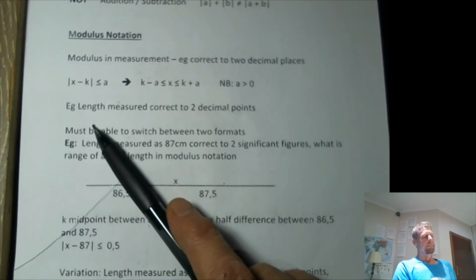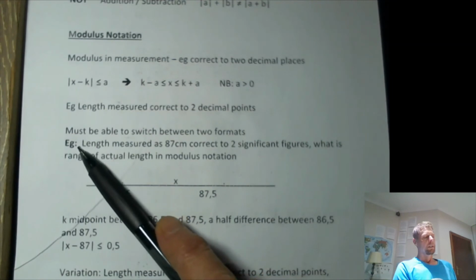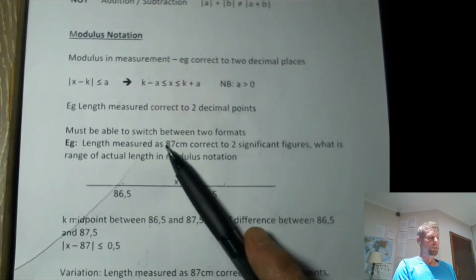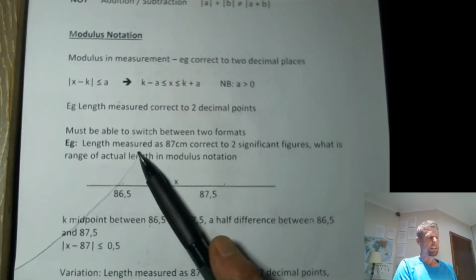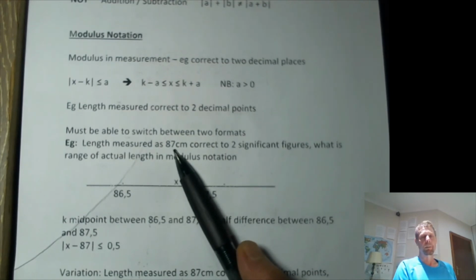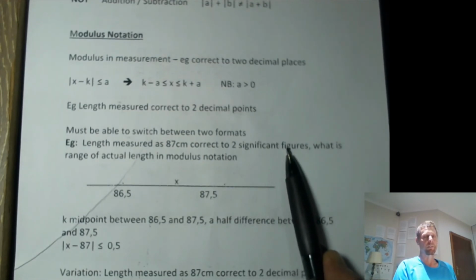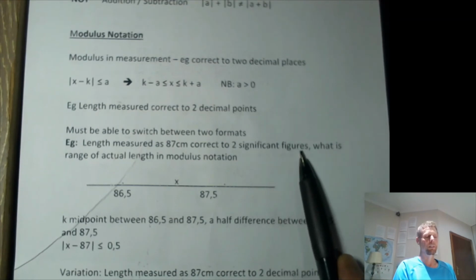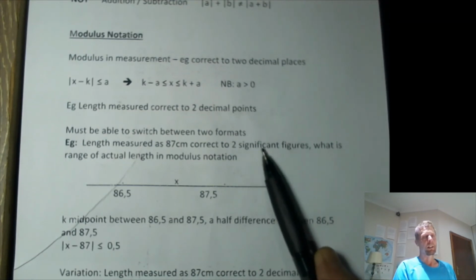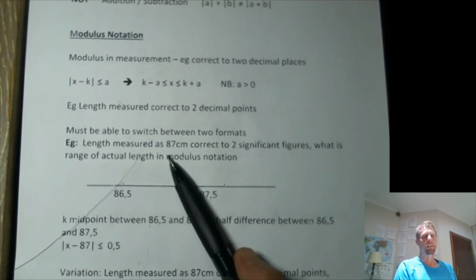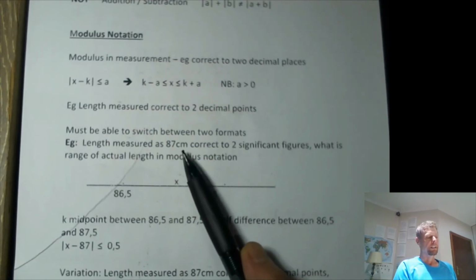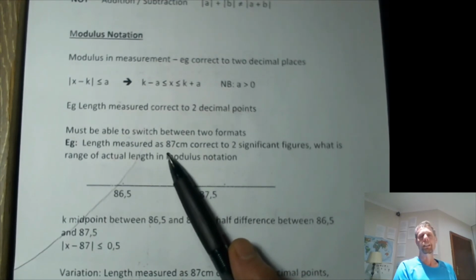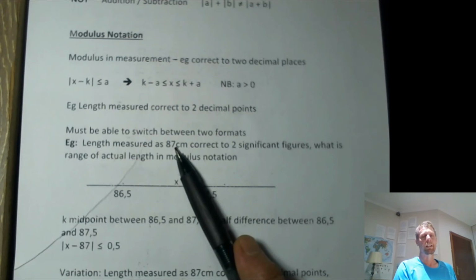So switching between the two formats. For example, if a length is measured as 87 centimeters, correct to 2 significant figures. Note the wording, 2 significant figures, not 2 decimal places. What is the range of the actual length in modulus notation? So this guy's measured something to 87 centimeters, but what is its actual value?